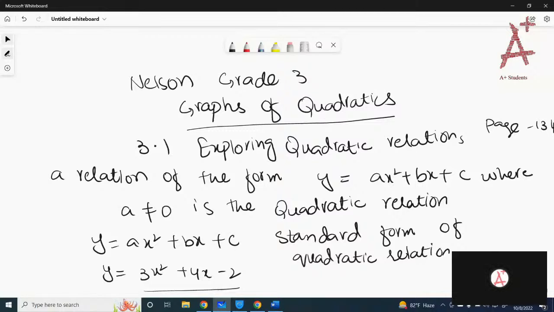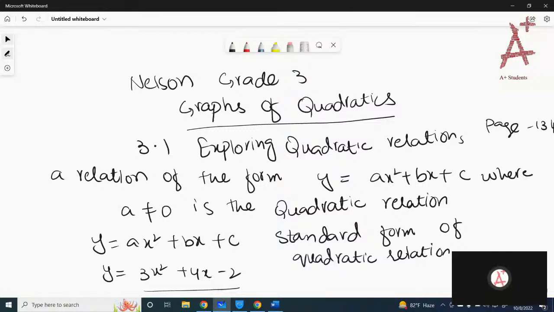Okay, let's start with examples. On page 136, you have the examples given.